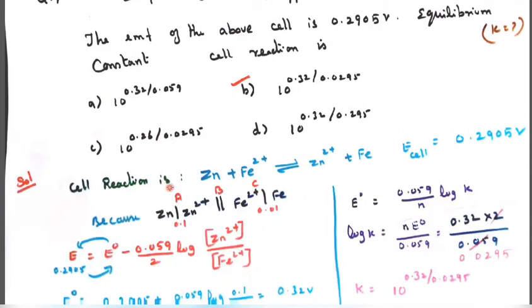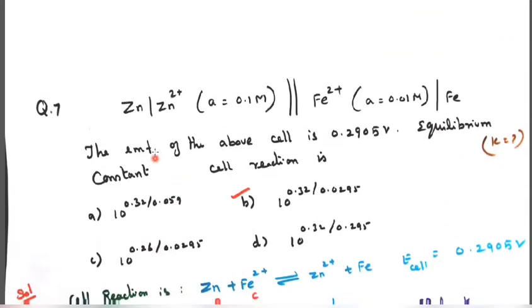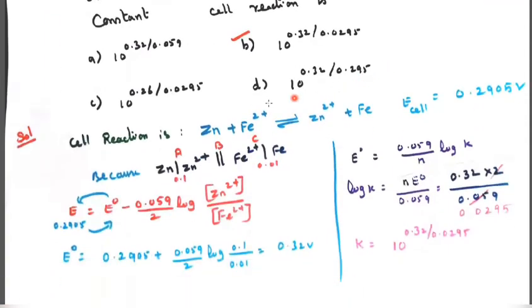First of all we should write the cell reaction. This is A, this is B and this is C. A means anode and C means cathode, linked with a salt bridge. Anode I told you is oxidation, cathode is reduction. Zinc plus Fe2+ gives Zn2+ plus Fe.